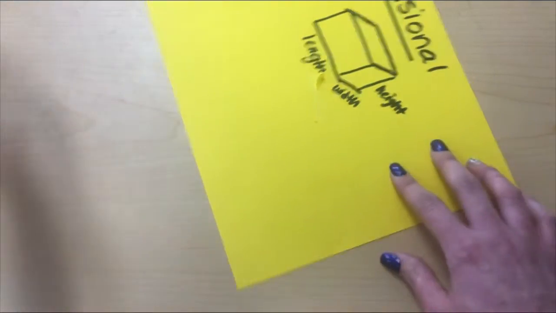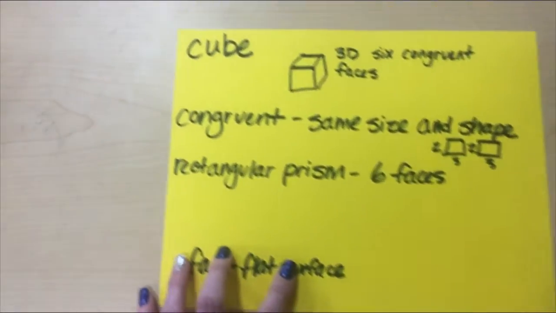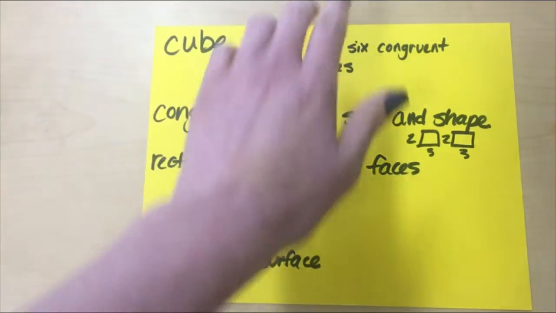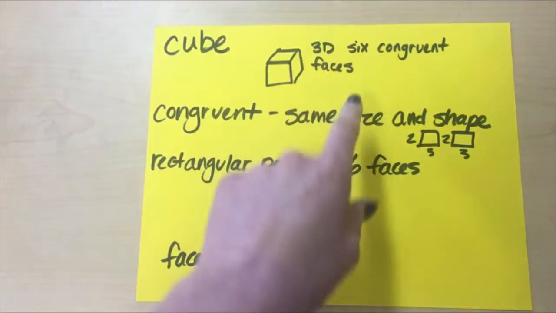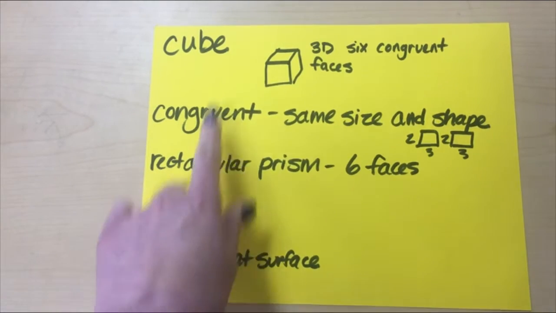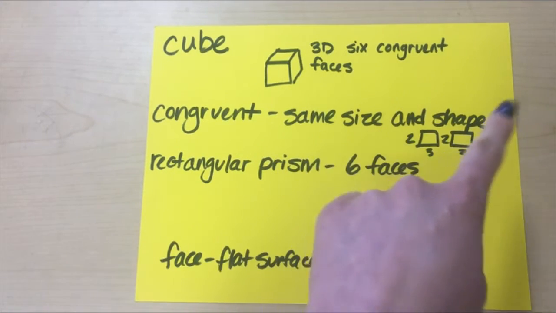A cube is 3D and it has 6 congruent faces. That means every single part of it, every face, every side of it is the same, or congruent. Congruent means it's the same size and the same shape.